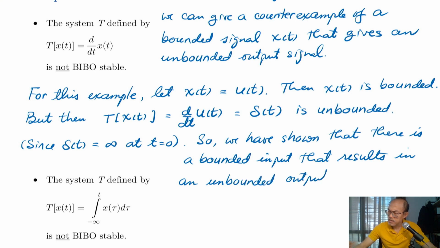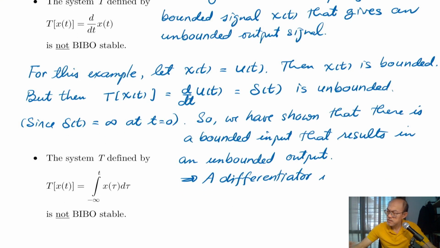There is at least one. So hence a differentiator is not BIBO stable, right?